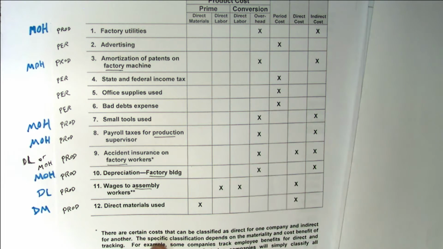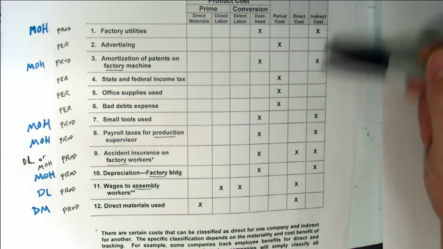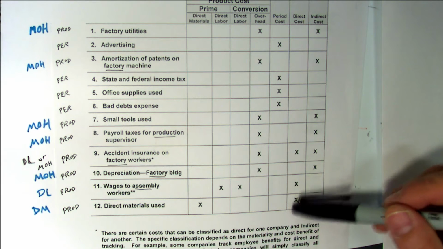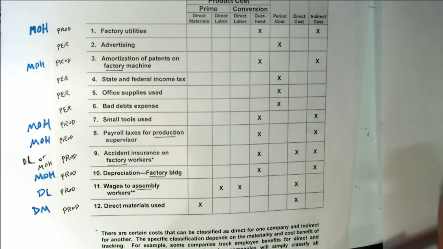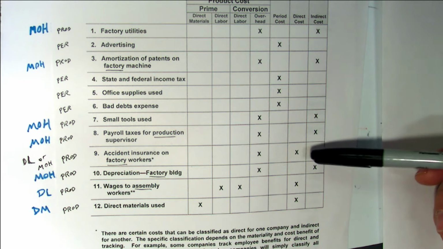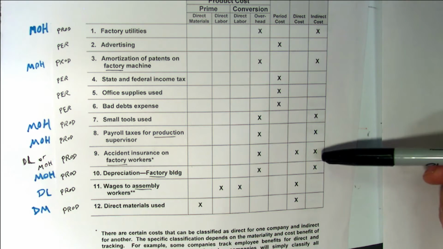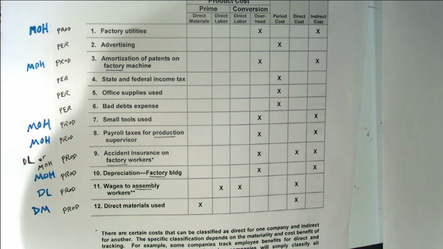I'll just put all the answers up there. All of the manufacturing overhead items are indirect. The direct materials and the direct labor are direct. And then, of course, this oddball right here, well, if they classified it as direct labor, it's direct. If they classified it as manufacturing overhead, it's indirect. So think of your direct materials and direct labor as obviously direct costs, and your manufacturing overhead is indirect.